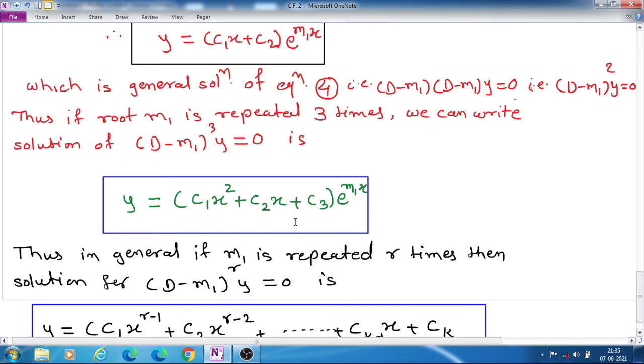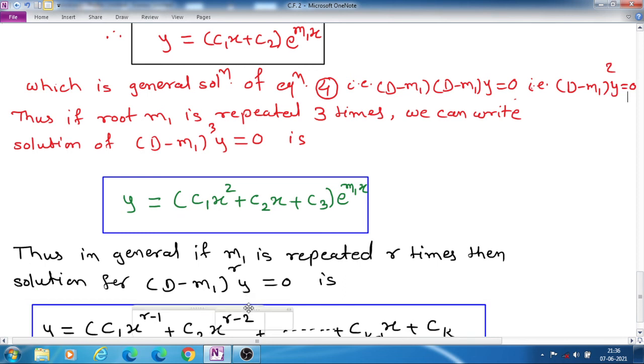So if the root is repeated 2 times, we write c1x plus c2. If 3 times root is repeated, then we write c1x square, that means power is 2 if the root is repeated 3 times, then x, and constant. This is a polynomial in x, we have to write it in brackets and then e raised to m1x.